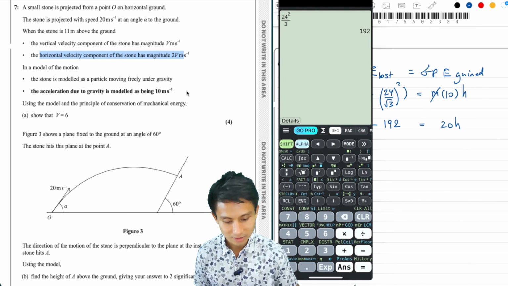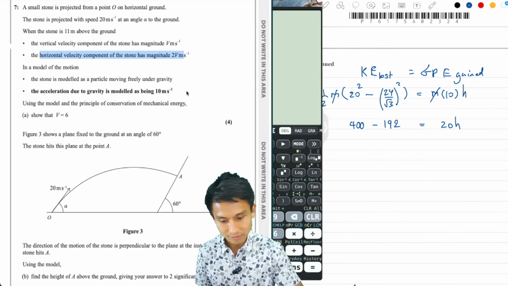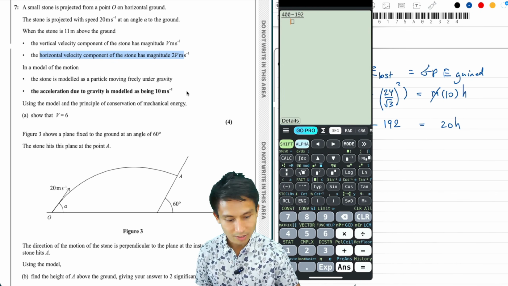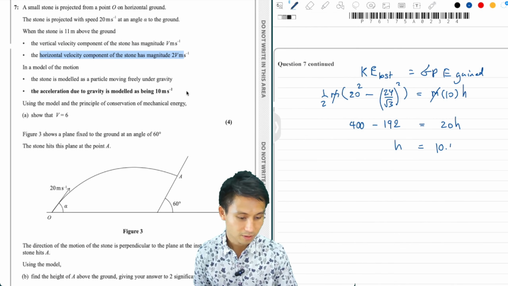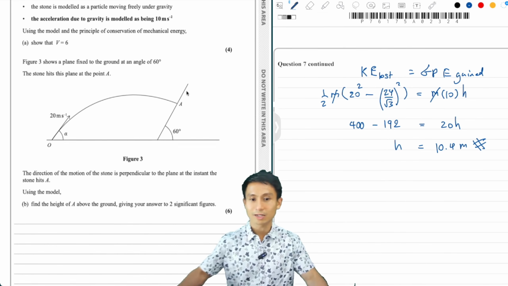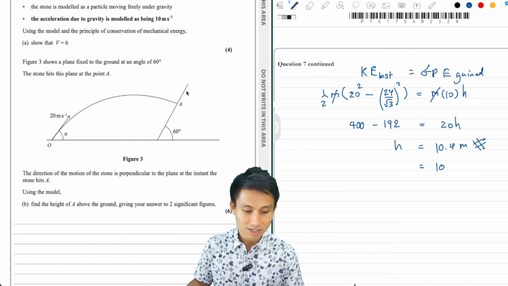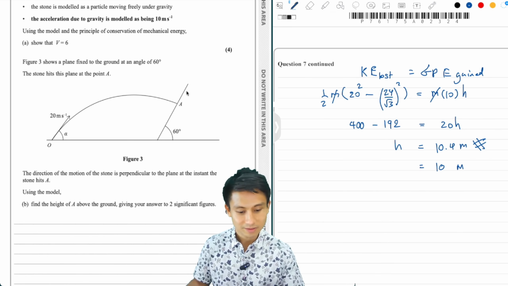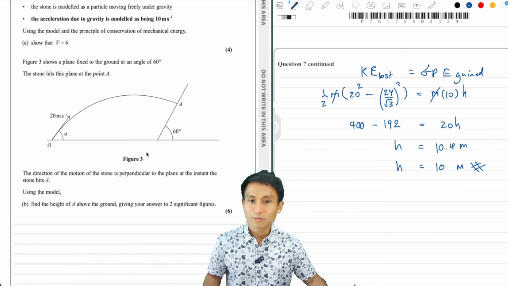Okay, so h equals 400 minus 192 divided by 20, 10.4. I think that's it. That's the answer there for part B. Oh, 2 significant figures? Well, that's just going to be 10 then. Right? Yeah. Okay, so that's the answer to part B.